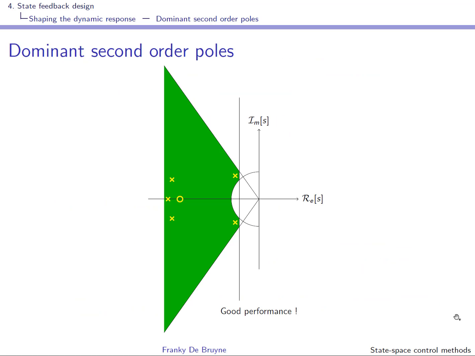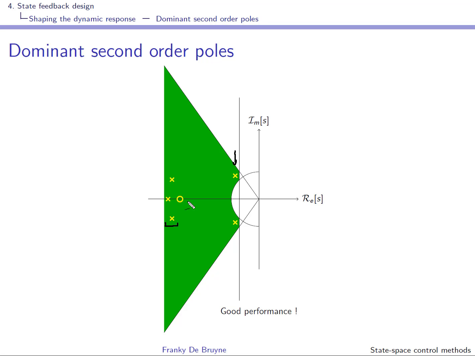So here we have a case where you have so-called good performance. You have located the dominant second order poles as follows, and the other poles are sufficiently to the left. The presence of the zeros is a bit different because this is not something that you can affect using state feedback.